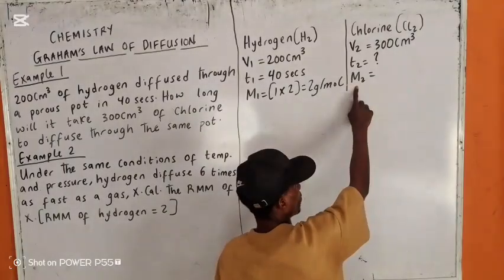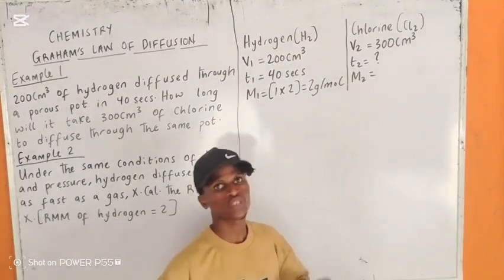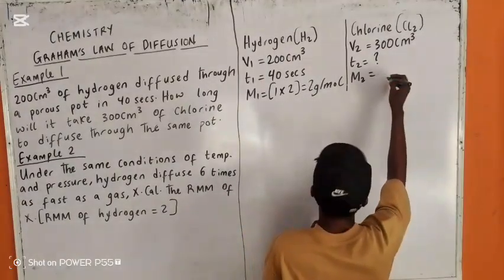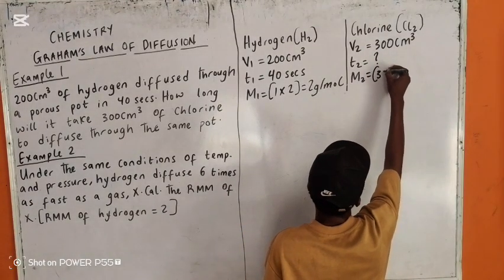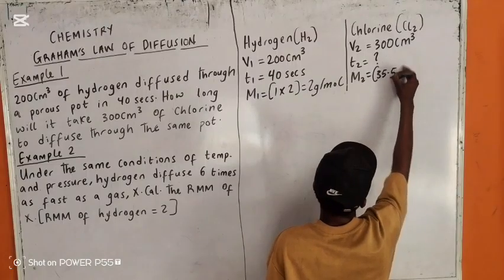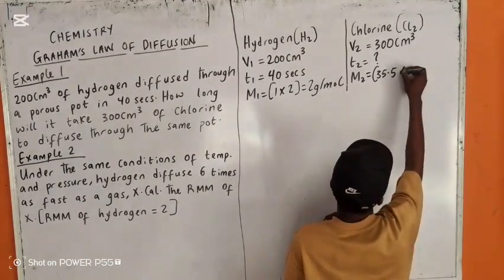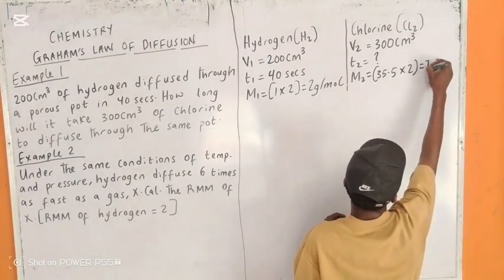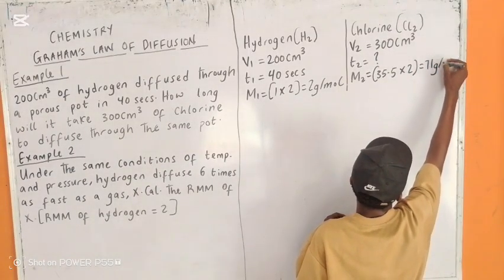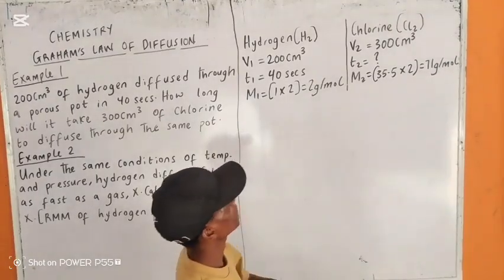Now, molecular mass. The molecular mass for chlorine is 35.5, and we have 2 atoms, so times 2. We multiply, we get 71 gram per mole.